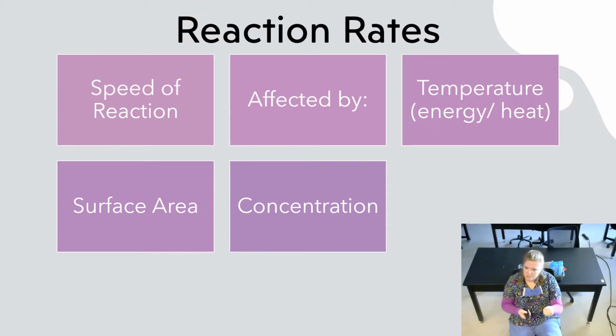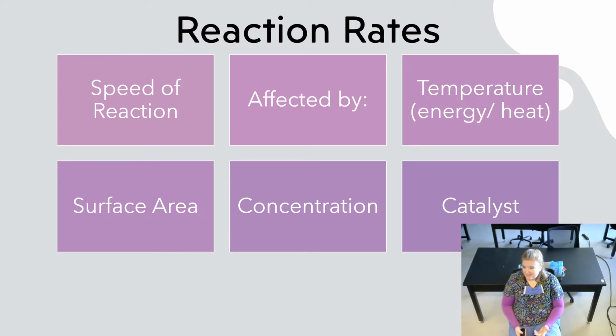More concentrated Kool-Aid has more sugar in the same amount of water, okay? So increased concentration, increased rate. And then adding a catalyst. Adding a catalyst makes the reaction occur faster because it provides an alternate pathway with a lower activation energy. It increases reaction rate.